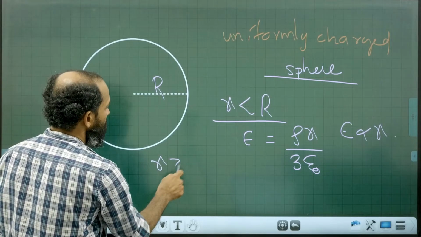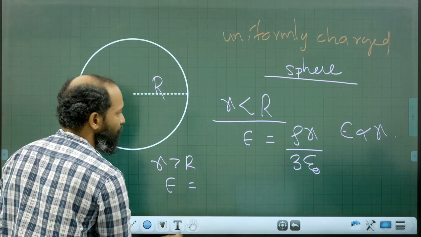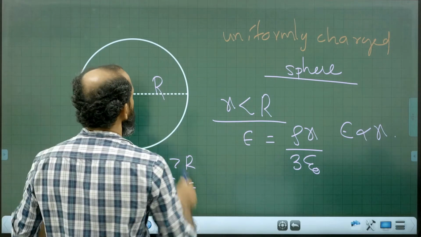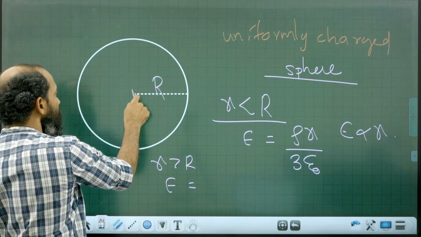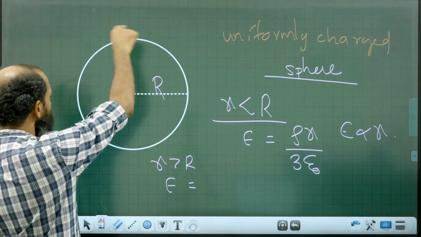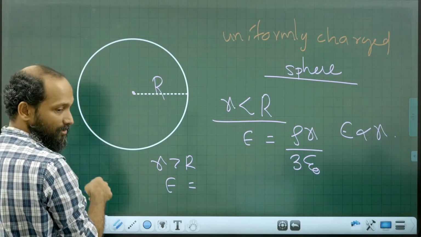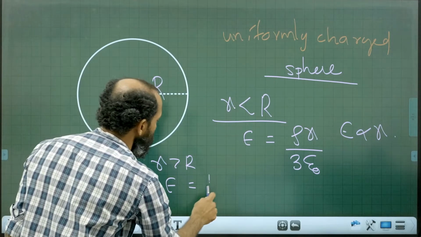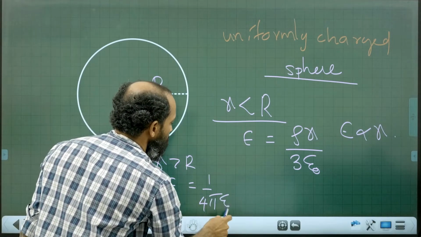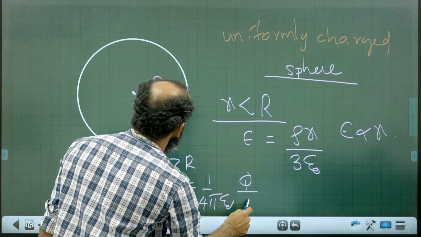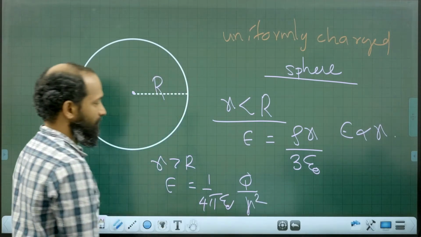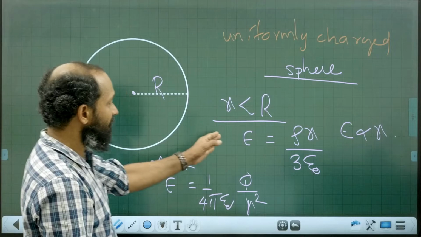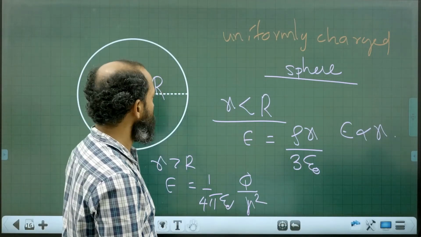And for r greater than R, the normal formula can be used as if the entire charge is concentrated at the center. You can imagine this to be a point charge, so that the entire charge is at the center. 1 by 4 pi epsilon 0 q divided by r square. But inside that formula should not be used.